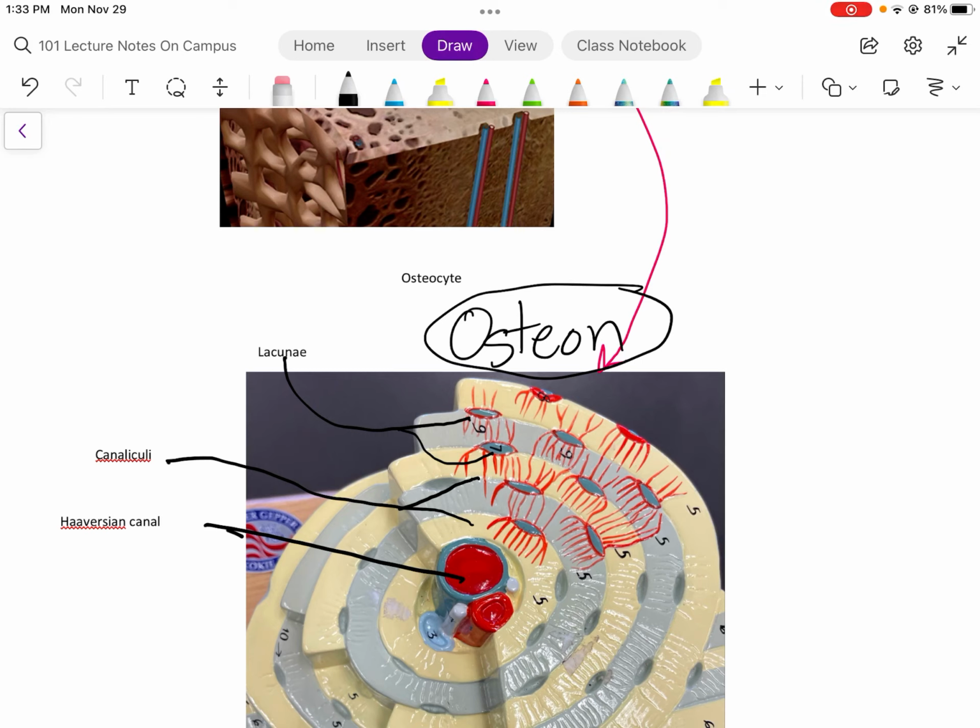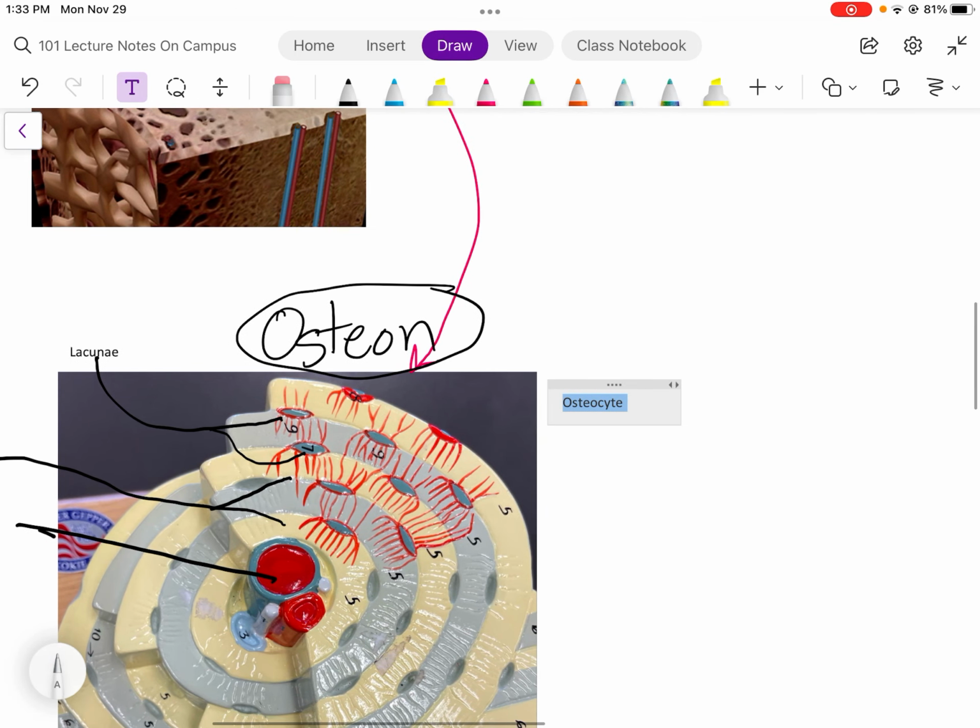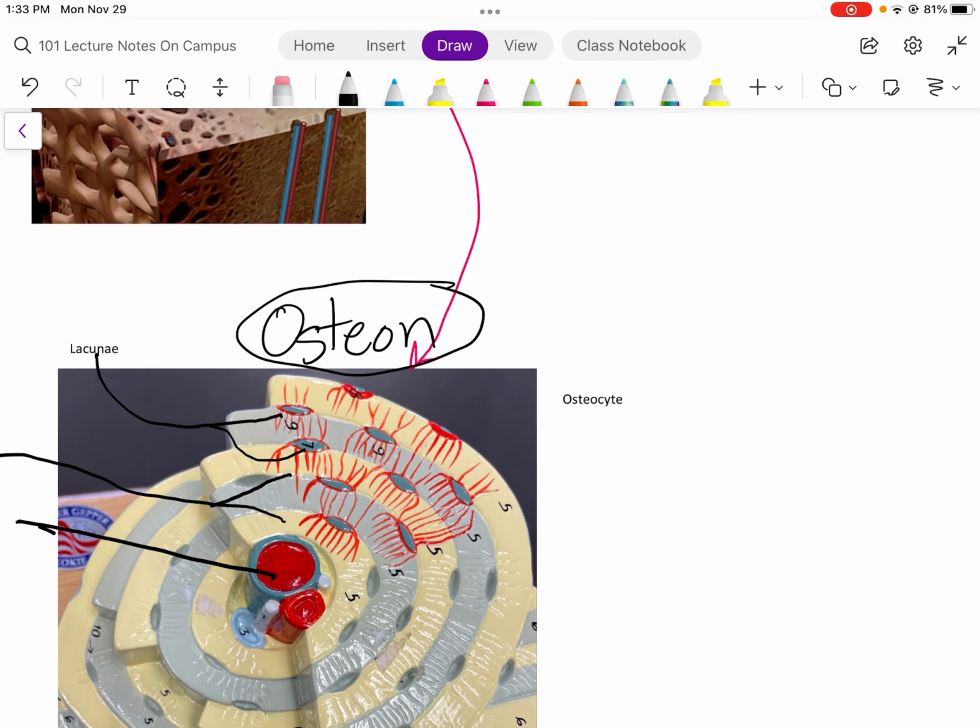But what's in that space is more important, and it is called an osteocyte. Inside those lacunae spaces are little cells, and those cells are called osteocytes. Those are bone maintenance cells.